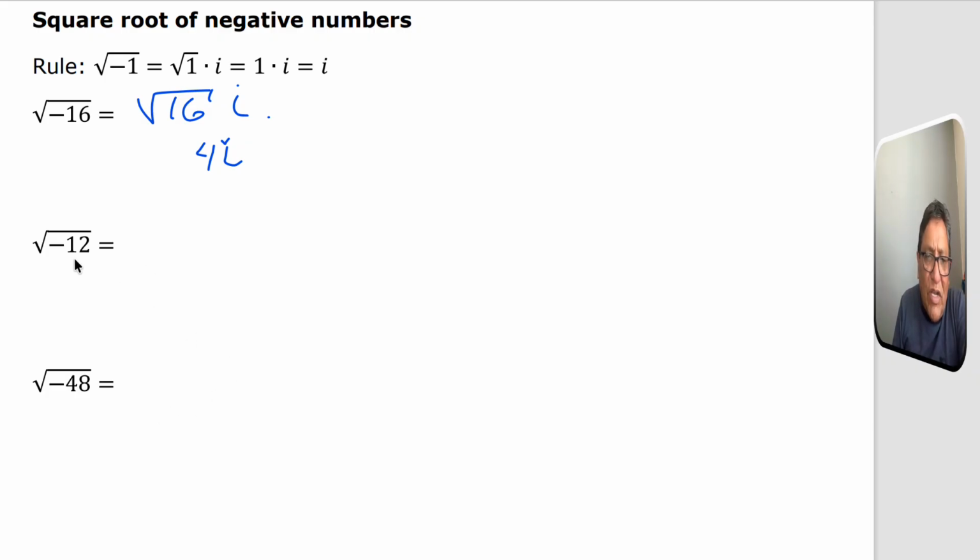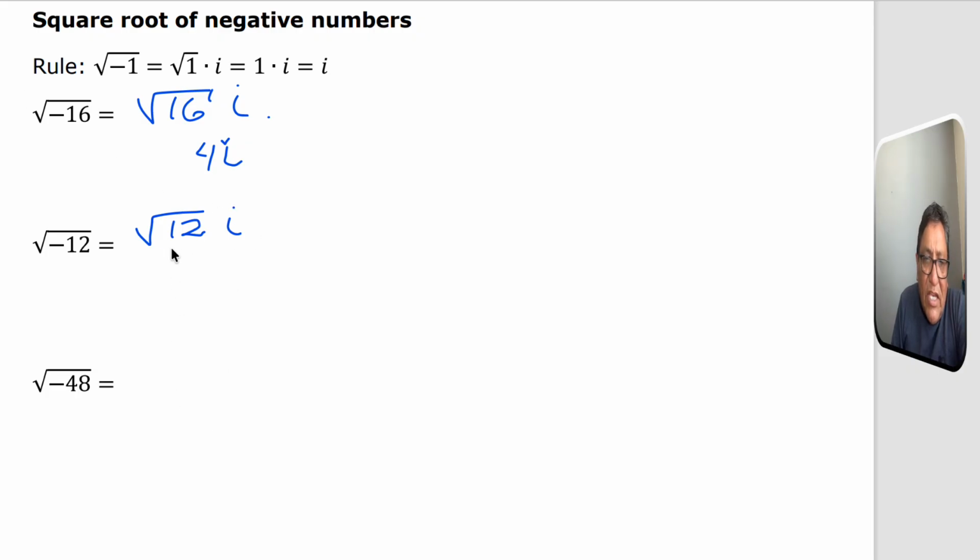What about if we don't have a perfect square? The same thing. The negative has to come outside as an i, so we will have a square root of 12 times i. The i is outside of the radical. Make sure that we have it outside of the radical.